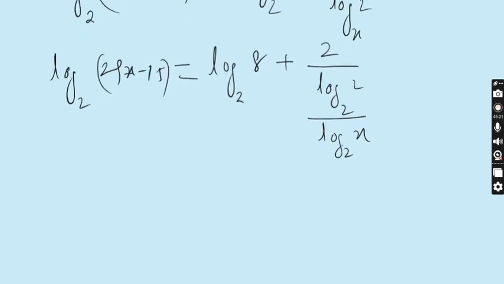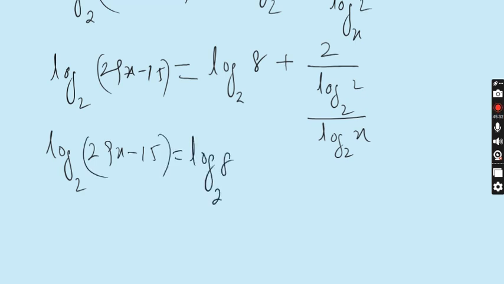Next, log base 2 of (9x minus 15) is equal to log 2 of 8.